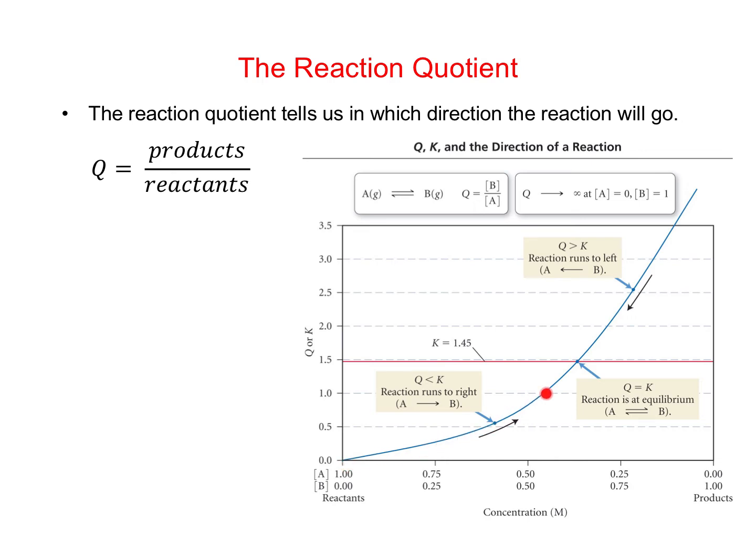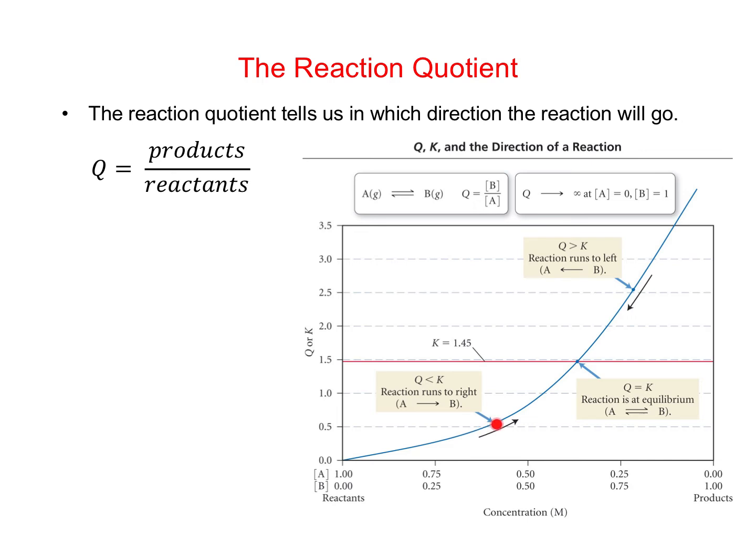What this blue line represents is the ratio of products to reactants. This is essentially either the reaction quotient or the equilibrium constant if we happen to be at equilibrium. In this case we have all reactants, and in this case we have all products. As we make more products and less reactants, the value of the reaction quotient increases.